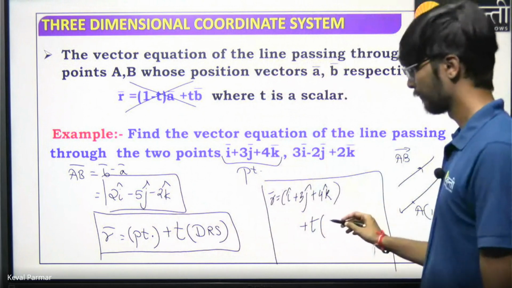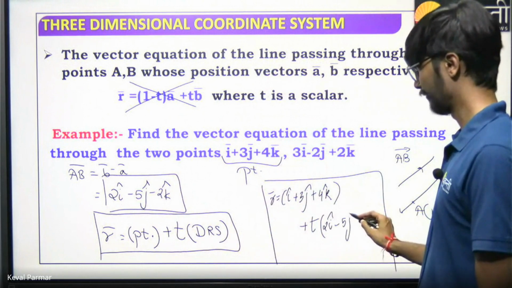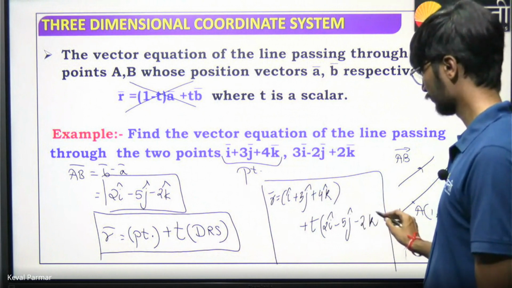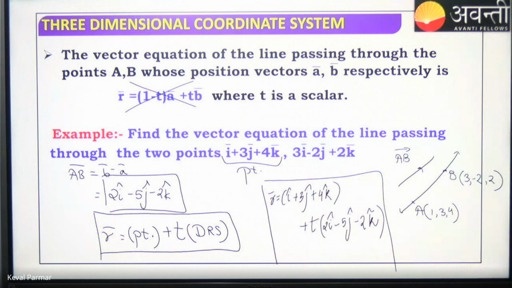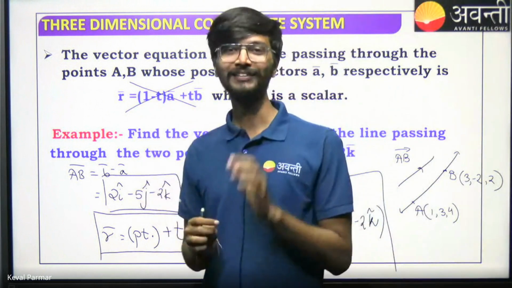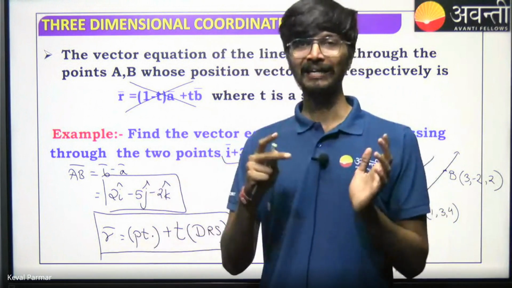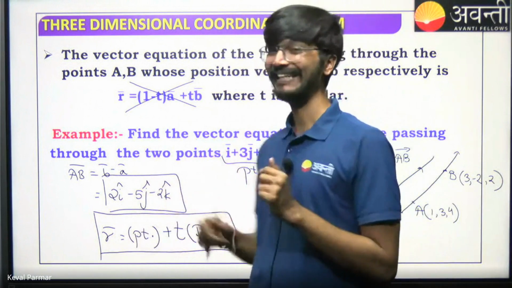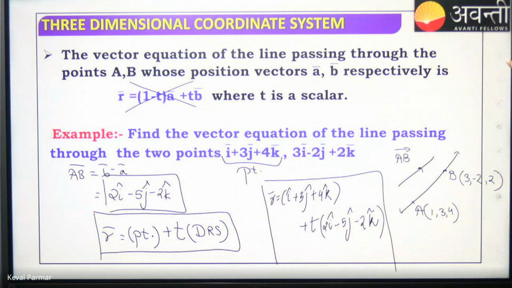So that means 2i minus 5j minus 2k. This is my answer. See how simple it is? So no need to remember such extra formulae, just need to remember two forms. One is the vector form. r vector is equal to point plus t into DRs. Let's see the next.